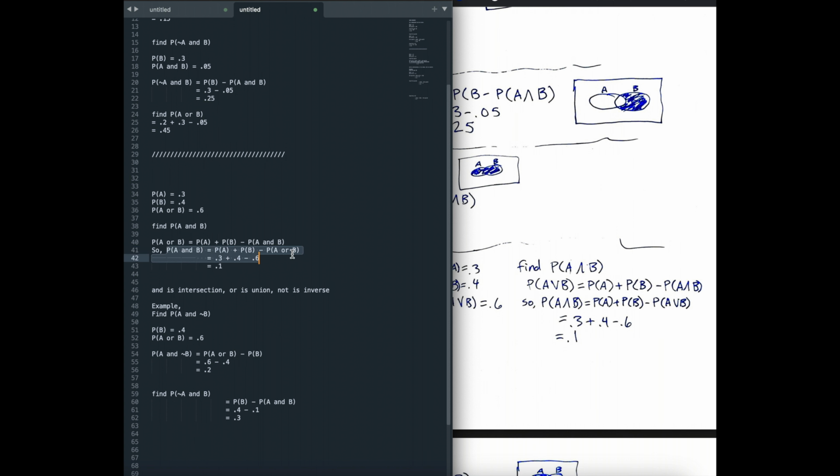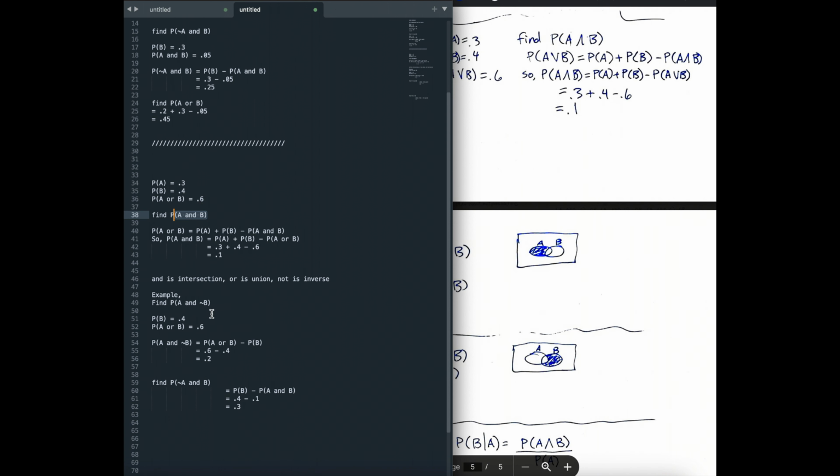So that's how it's rewritten. Probability of A and B equals probability of A plus probability of B minus probability of A or B. Now we just got to plug and chug. So probability of A is 0.3, probability of B is 0.4, and then probability of A or B is 0.6. So 0.3 plus 0.4 minus 0.6 is 0.1, and that's how we solve for probability of A and B.